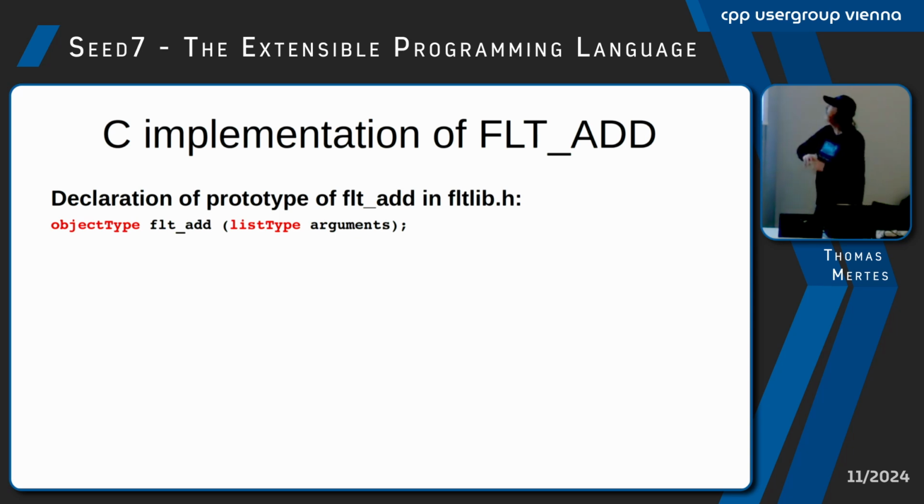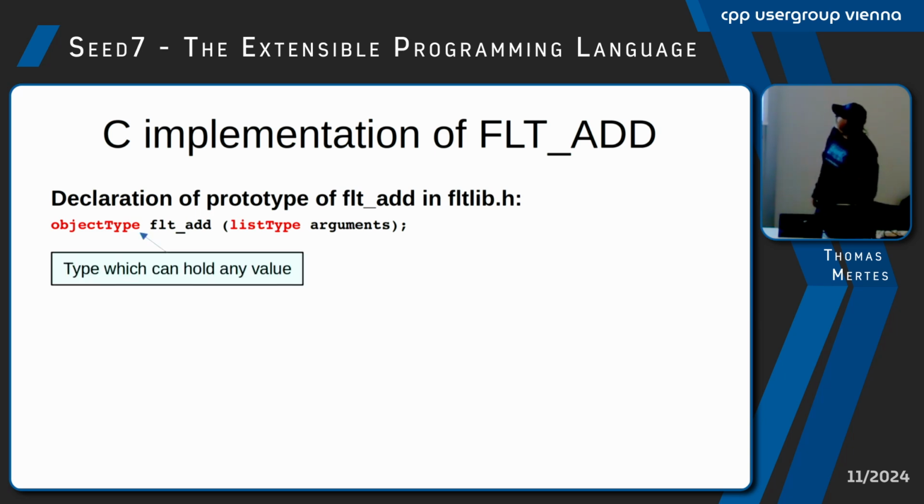And you might think, how are these float add actions implemented? This is actually C code in a header file, and this is the float add. And this is an object type. It's a type which can hold any value. Every interpreter has some generic object structure which can hold any value. In this case, it's named object type.